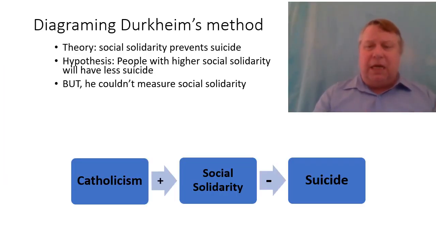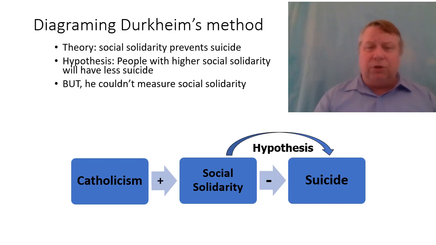So this is a diagram to kind of show his method. So his theory was social solidarity prevents suicide. The hypothesis would be people with higher social solidarity will have less suicide or are less likely to commit suicide. But he couldn't measure social solidarity directly. So this is his main concept here, his main hypothesis, that social solidarity has a negative impact on suicide, a negative correlation.